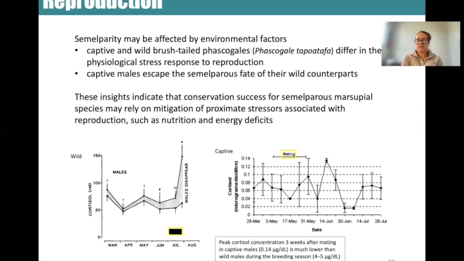So these insights indicate that conservation success for semelparous marsupial species may rely on mitigation of proximate stresses associated with reproduction, such as nutrition and energy deficits. When you remove those environmental effects of food availability under captive conditions, it seems that die-off is not operational in this species.